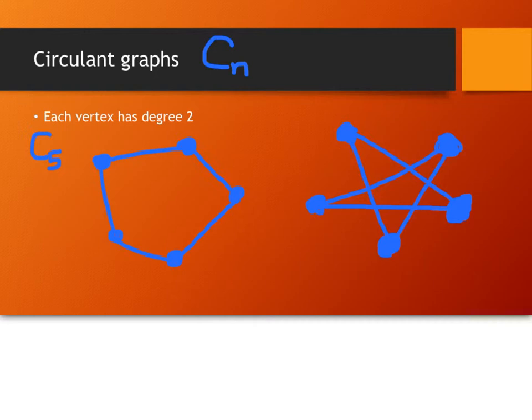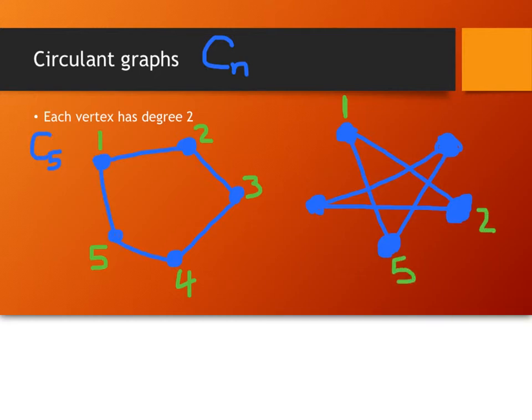So let's take a couple of things. Let's call this vertex 1. I'm just going to use the numbers instead of the V1s. I'll call this vertex 2, 3, 4, and 5. Notice that if I called this vertex 1, well, vertex 1 is connected to 2 and 5. So this would be 2 and this would be 5.